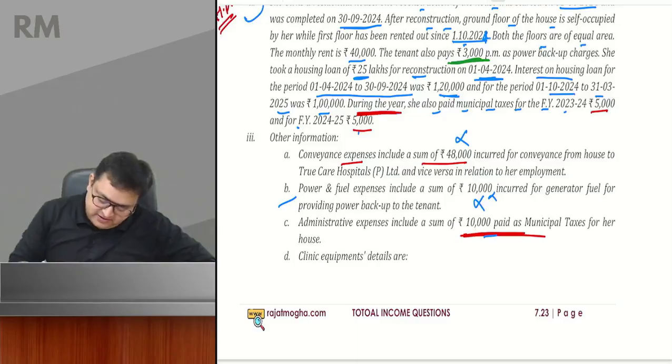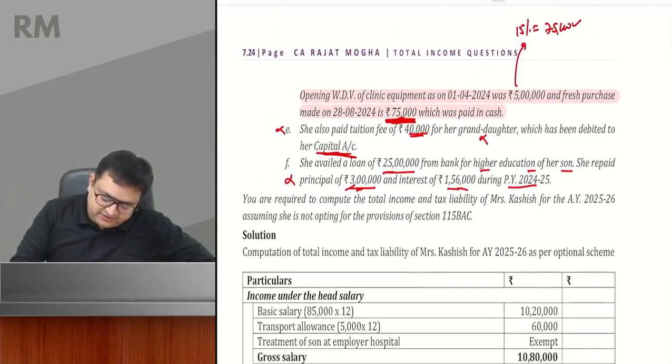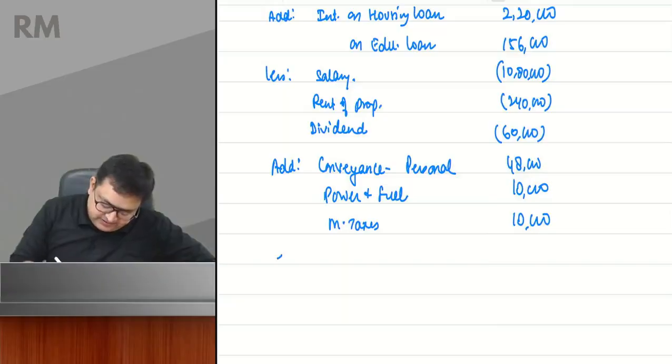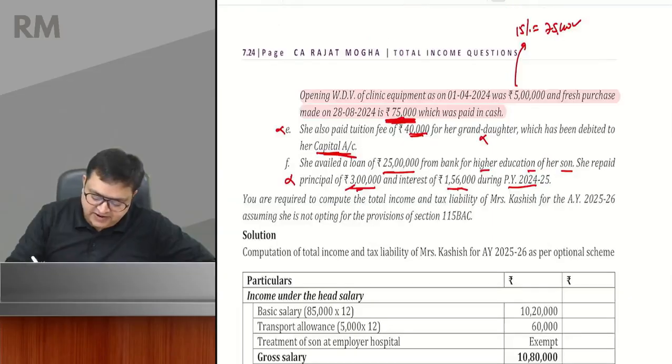Then depreciation we have computed 75,000, less depreciation 15% of 5 lakh, 75,000. If you want to write that on 78,000 paid in cash, that is not allowed, because we have actually paid in cash.